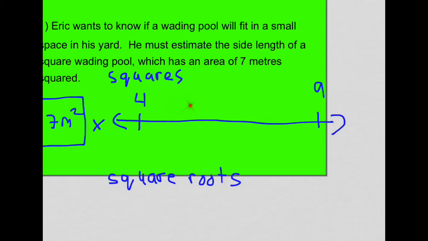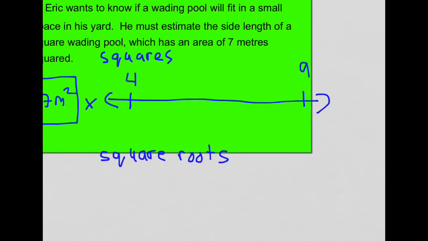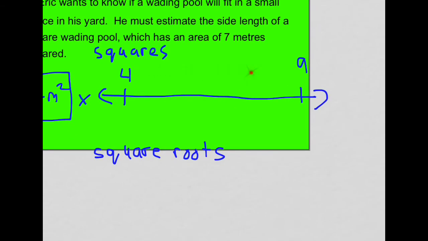So 7 has to be somewhere between 4 and 9. Now to figure out where 7 would go, I want to figure out the midpoint of 4 and 9. I want to figure out what's in the middle of 4 and 9. So here's what I'm going to do. I'm going to do 9 take away 4 equals 5. So I know that the space between 4 and 9 is 5.